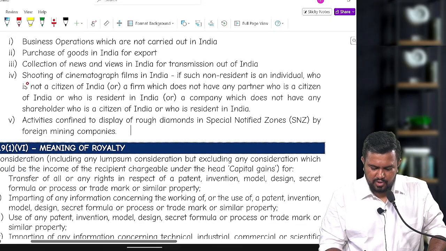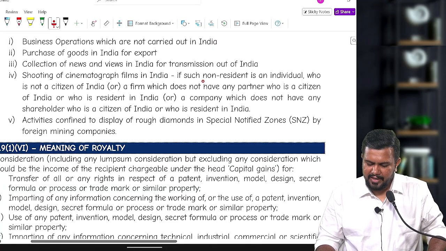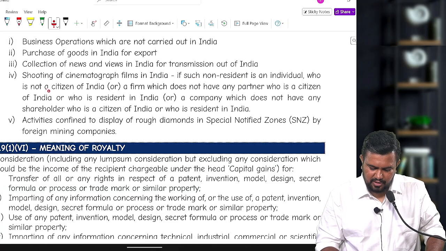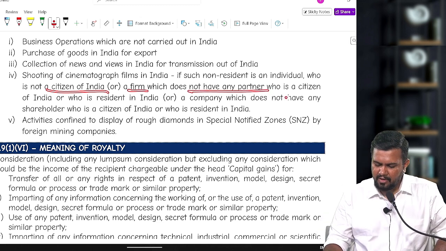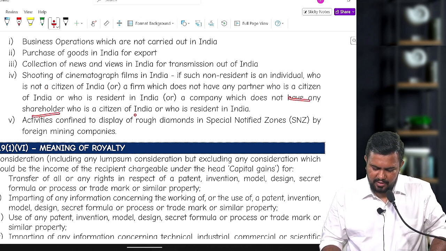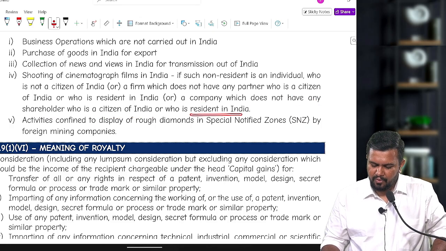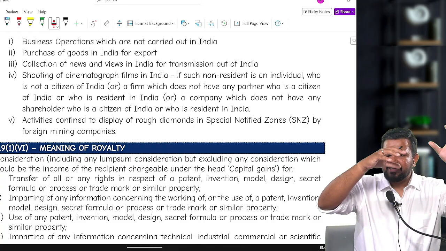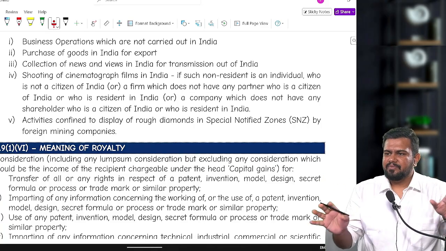Then shooting of cinematographic films in India, if such non-resident is an individual who is not a citizen of India, or a firm which does not have any partner who is a citizen of India, or a company which does not have any shareholder who is resident in India. Listen, so if a non-resident person is coming and shooting films in India, it will not be considered as business connection.